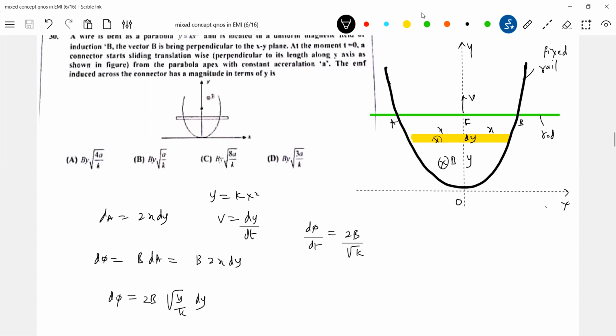If it were in terms of y, we would have differentiated. Already dy is there, then this y is there. d square y by dt square will come if we differentiate. d square y by dt square is what? It is acceleration. Can we do it? Okay, this will be root y d square y by dt square plus dy root of y, y to the power of 1 by 2 minus 1, dy by dt.